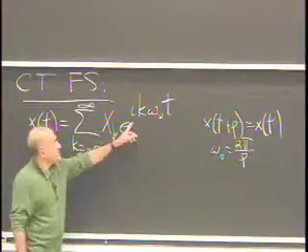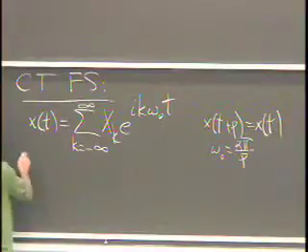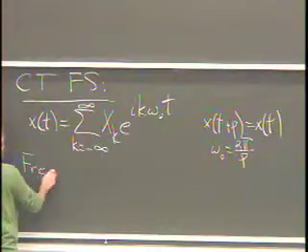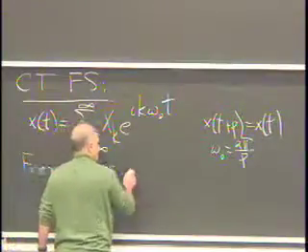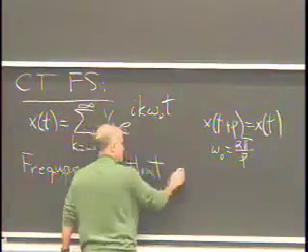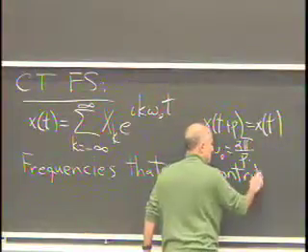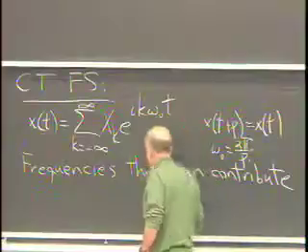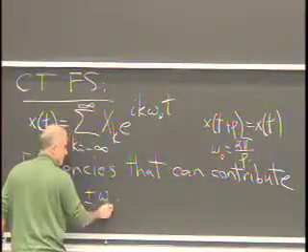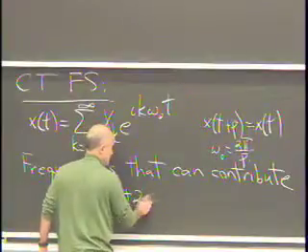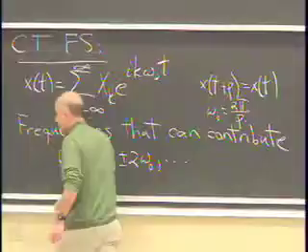The frequencies that are present in a periodic signal in continuous time are only 0, plus minus omega naught, plus minus 2 omega naught, and so on.